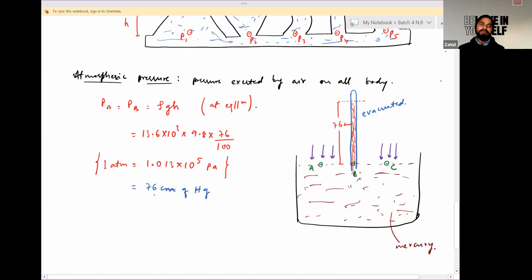You must have learned about this in earlier classes, the pressure generated by air on the surface of Earth. In this representation, 76 defines the height of the vertical column, and Hg defines the liquid used. Just multiply this expression by gravity, and you will get pressure at that point.